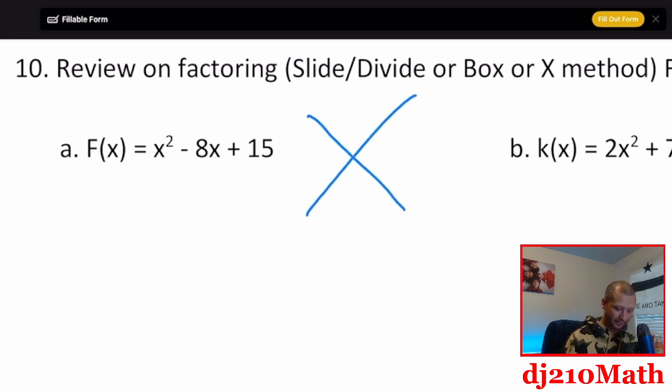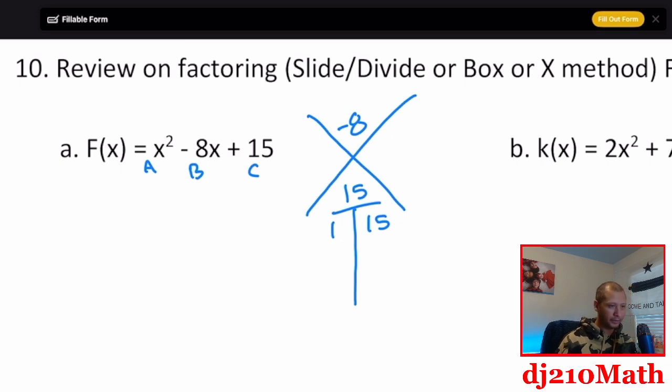So remember factoring? A times C, which is 15, and we want to see what adds up to B. So two numbers that multiply to make 15 that add up to negative 8. So because we need to add it to a negative number, they have to be negative. And not only that, this multiplies to make a positive number.